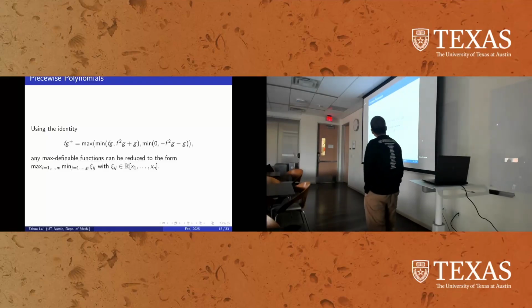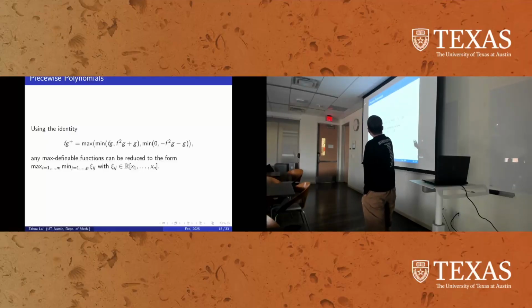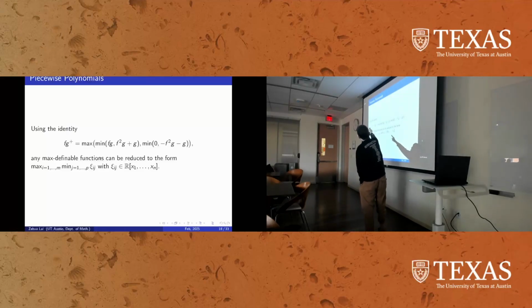Now, there's an identity that says if we multiply f and ReLU of g, then this equals the max of the minimum of something and then something. This identity means that if we have multiplication outside of maximum, we can exchange the order and put maximum outside of multiplication. On the left-hand side we have first maximum and then multiplication. On the right-hand side we have multiplication and then maximum and minimum.